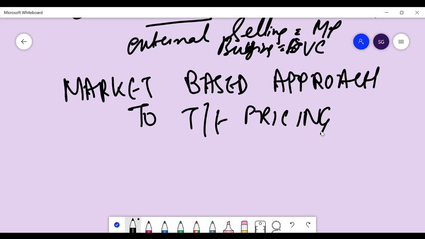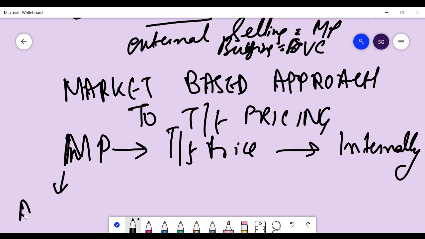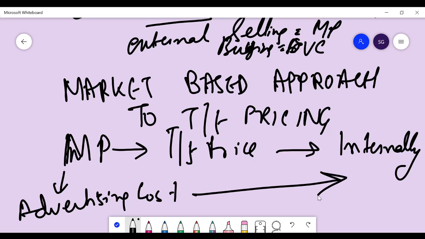When supplying division is at full capacity, if market price exists externally and includes advertising costs, then we should adjust it from the market price in case of an internal transfer. So if we are using market price as our transfer price and we are transferring internally, then we have to see if that market price includes the advertising cost, because that has to be reduced if we are transferring it internally because we are not incurring it.